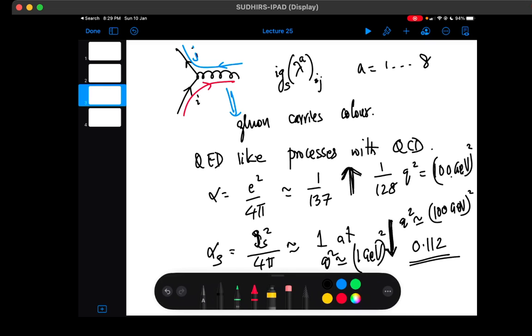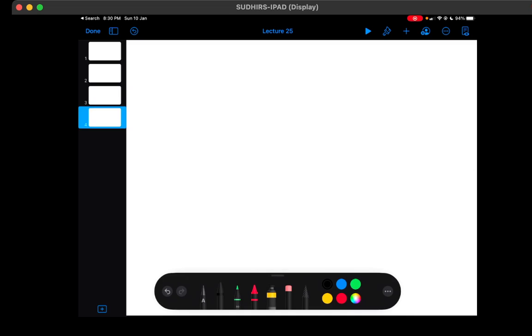Now let's do a simple process, like say quark gluon going into quark gluon. So how will you draw the process? You can draw the Feynman diagrams exactly like in QED.